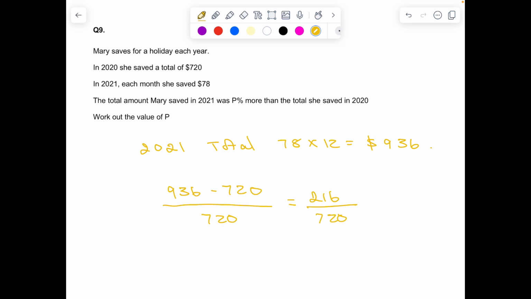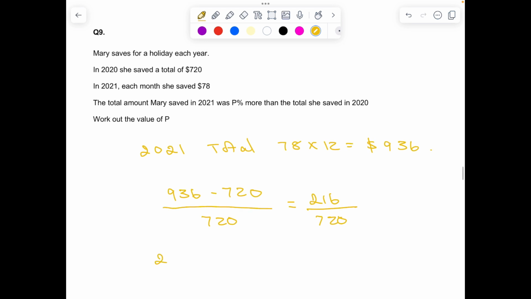And we're going to multiply that result by 100 to turn it into a percentage. And times it by 100 gives you 30%. So the total amount Mary saved in 2021 was 30% more than the total she saved in 2020.